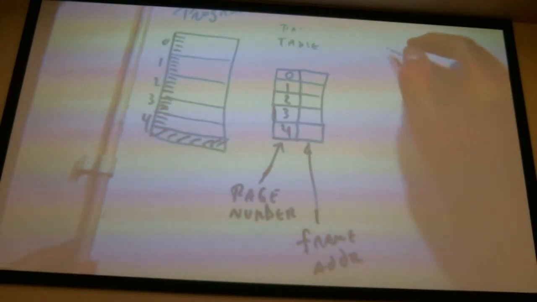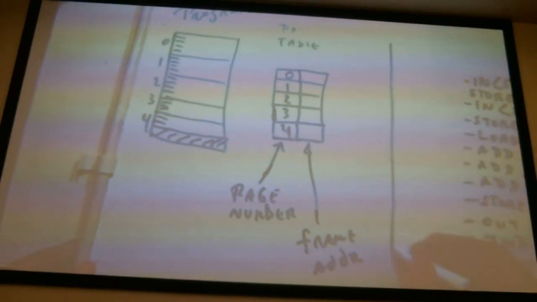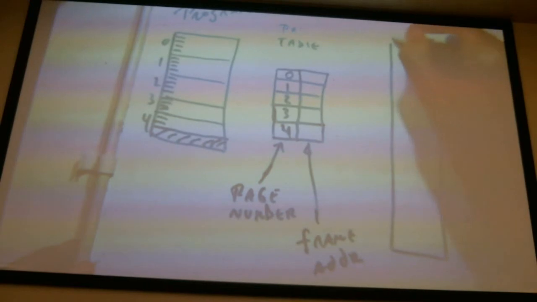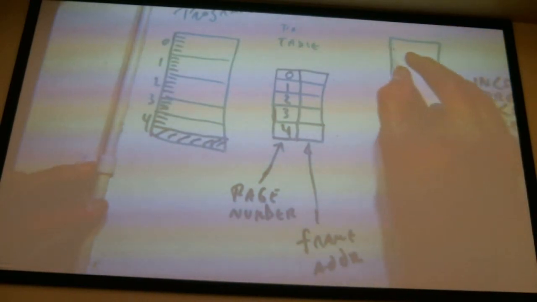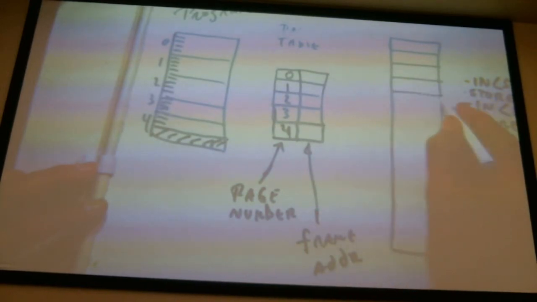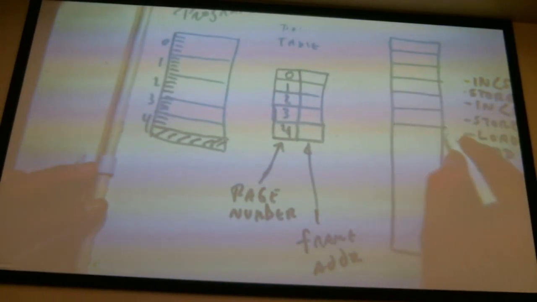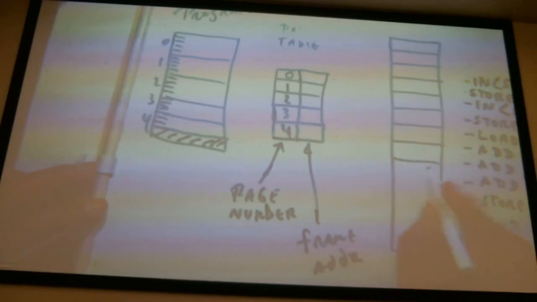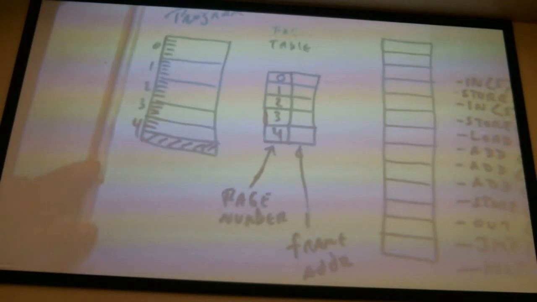And then we're going to have memory. And in memory, we can have many frames. Say 1, 2, 3, 4, 5, 6, 7, 8, 9, 10, 11, 12, 13. Okay, so we have this in memory.